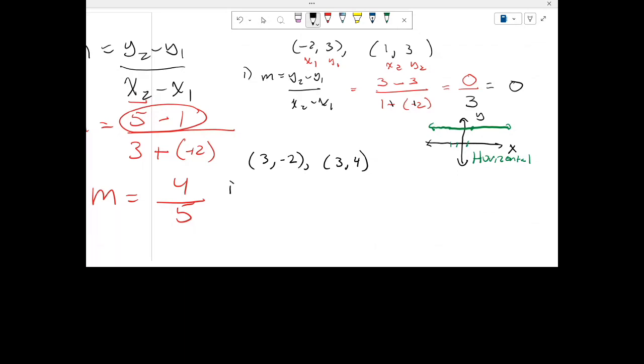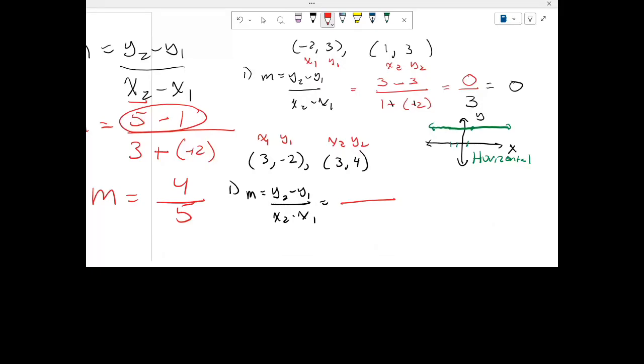And again, y'all, I'm going to write out my formula here. M equals y2 minus y1 over x2 minus x1. And again, I'm going to label my points. Okay. And we're going to take a look-see and see what we come up with.